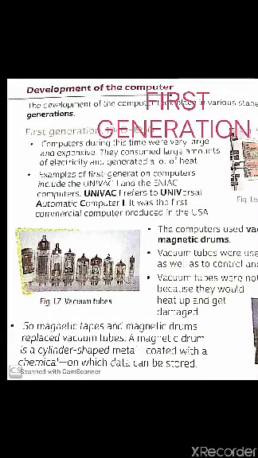A magnetic drum is a cylinder-shaped metal coated with a chemical on which data can be stored. So, in this generation, as I told, it was based on vacuum tubes and magnetic drum. This generation was very large and expensive and used a lot of energy.